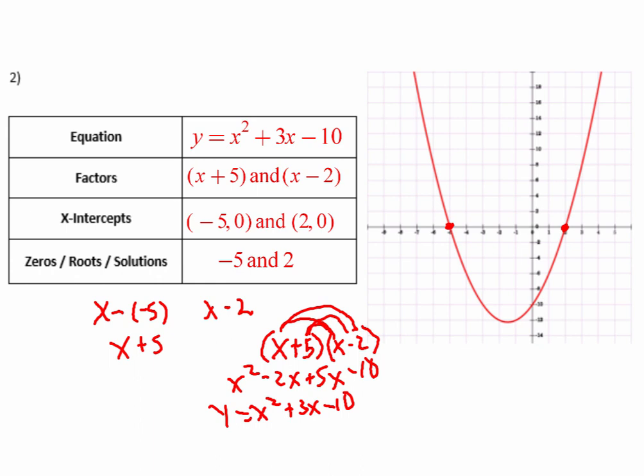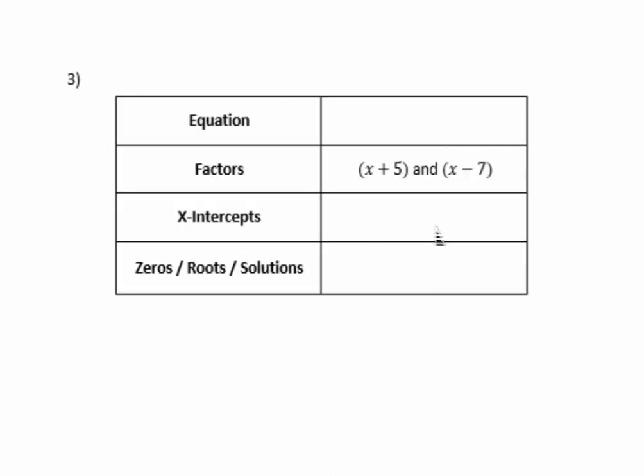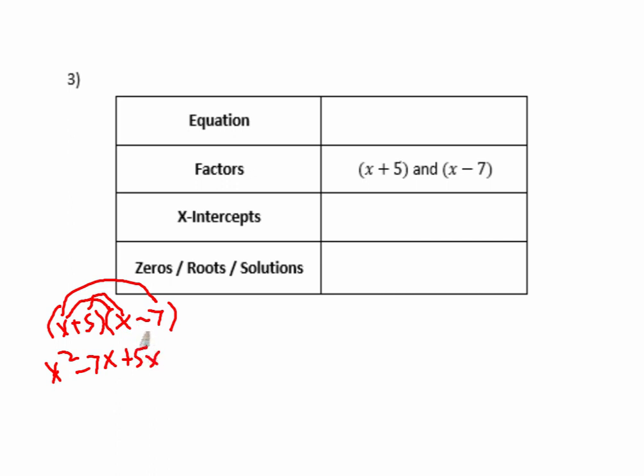All right, if we look at example 3, in this case, we're given the factors. So if we're given the factors, that makes the rest of this quite easy. First off, to find the equation, I go, all right, x plus 5, x minus 7, double distribute. x times x, x squared. x times negative 7, minus 7x. 5 times x, plus 5x. 5 times negative 7, minus 35.